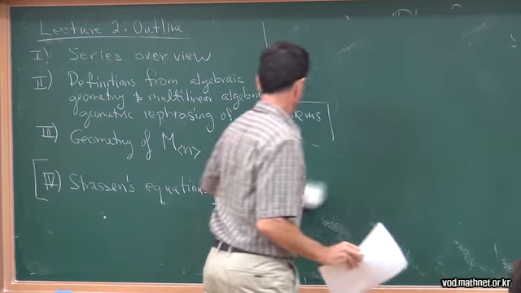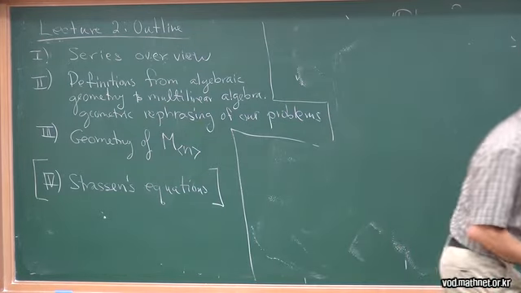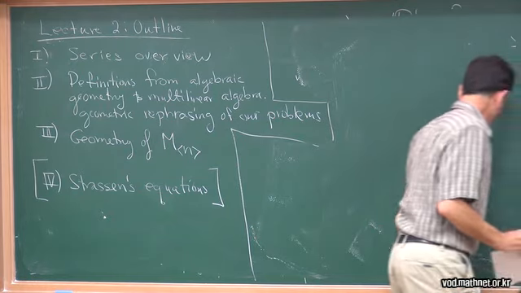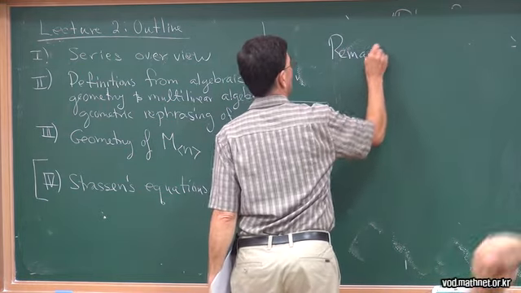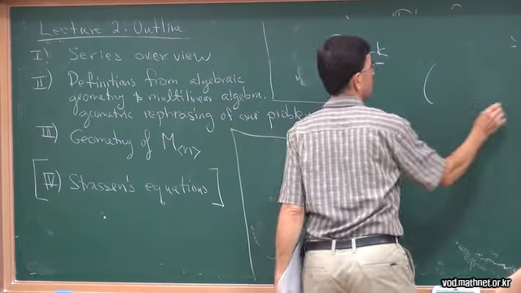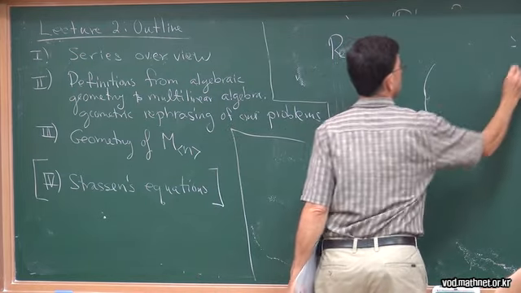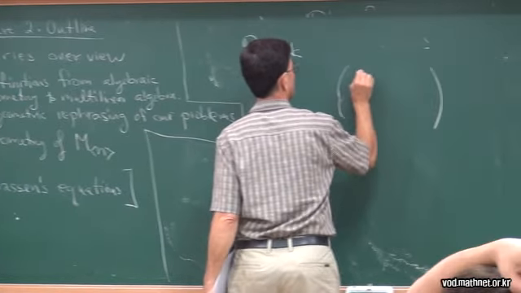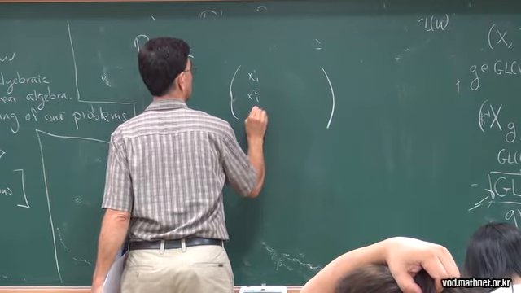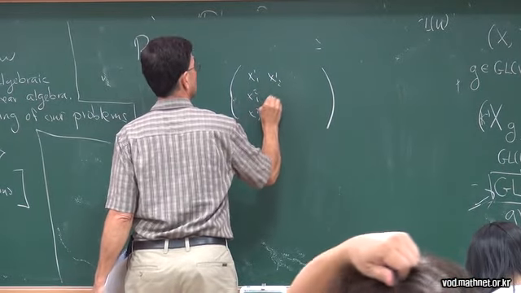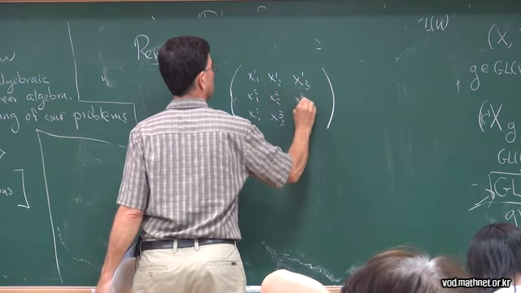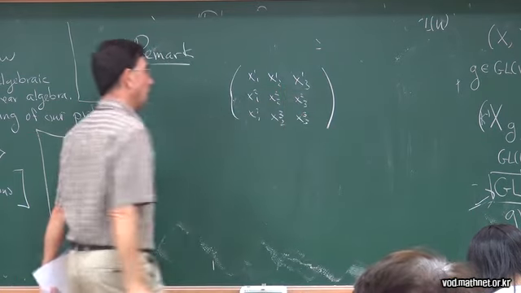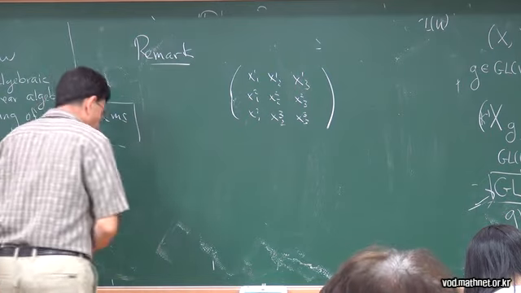So let me just make one more remark before I get to harder things. Let's take a 3 by 3 matrix. And let's say I take a 2 by 2 minor.